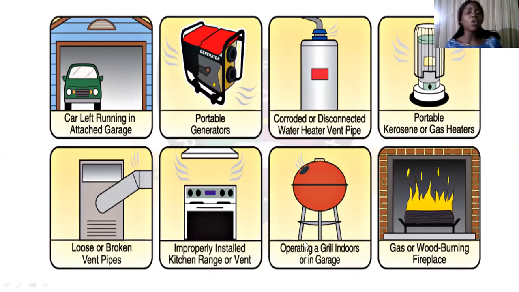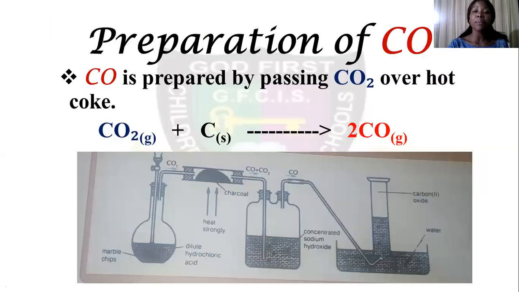Because there is insufficient air, the gas that will be produced is carbon monoxide. If it was outdoors, there would be sufficient oxygen for carbon dioxide to be produced instead. Burning gas or a wood-burning fireplace will also produce it, because there is insufficient oxygen in that place. So these are where carbon monoxide is produced, and we said they are poisonous.